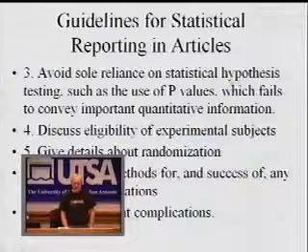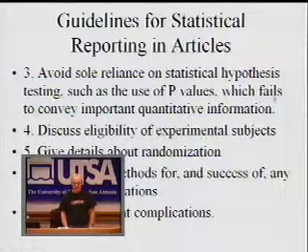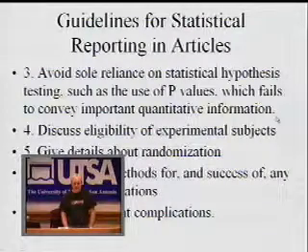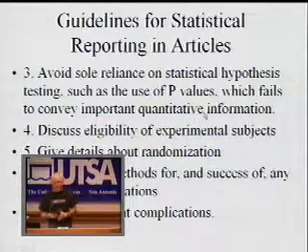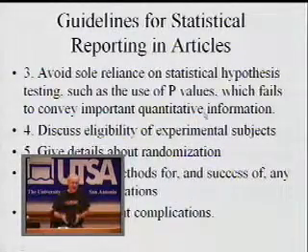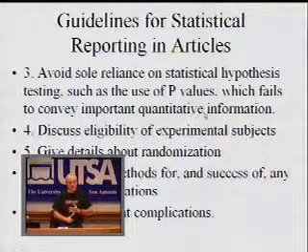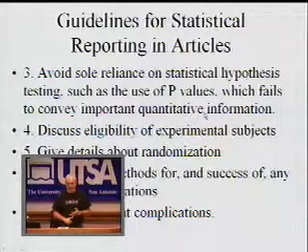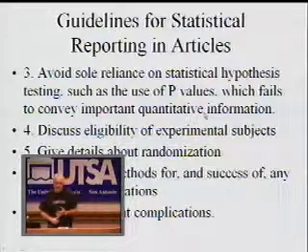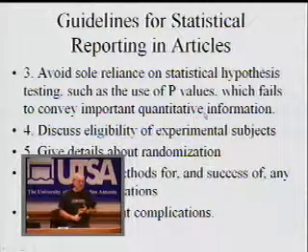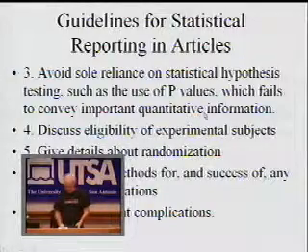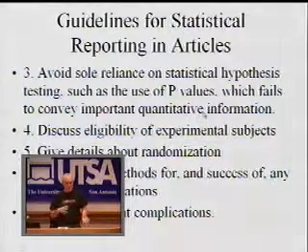Avoid sole reliance on statistical hypothesis testing, such as the use of p-values, which fails to convey important quantitative information. So in other words, there has to be more numerical values presented. It can be tabular. There's means, for example, with the standard error of the mean that could be presented, the ranges of the data values could be reported, percent changes or these types of things, differences between this group and that group.